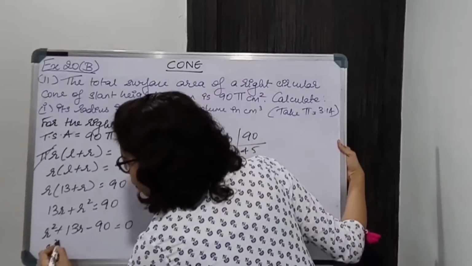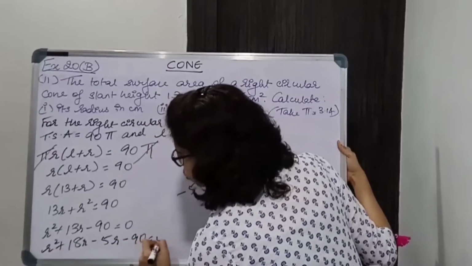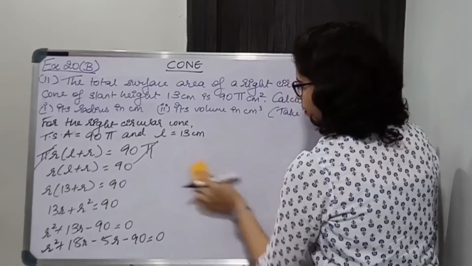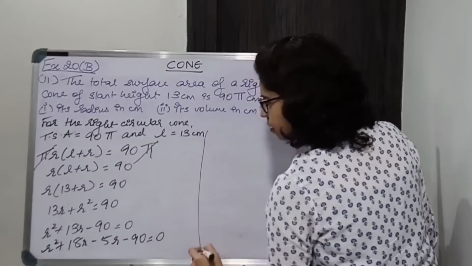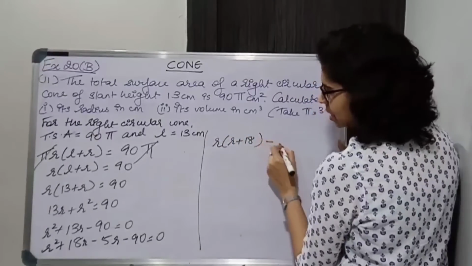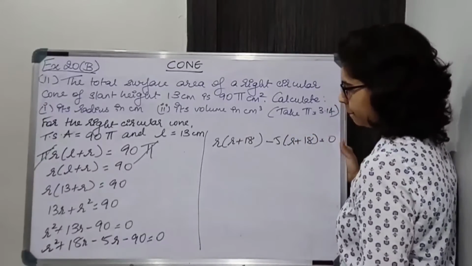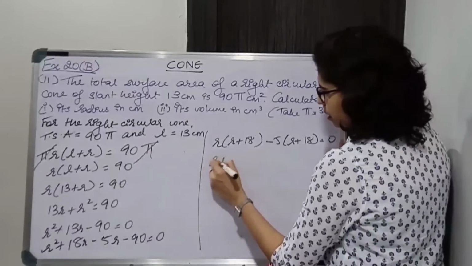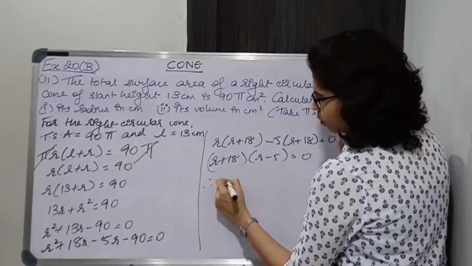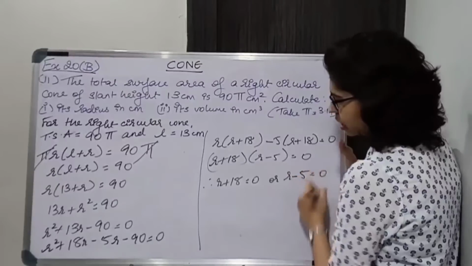So r square plus 18r minus 5r minus 90 is equal to 0, okay. So r into (r plus 18) minus 5 into (r plus 18) is equal to 0. So (r plus 18) into (r minus 5) is equal to 0. Therefore r plus 18 is equal to 0 or r minus 5 is equal to 0.